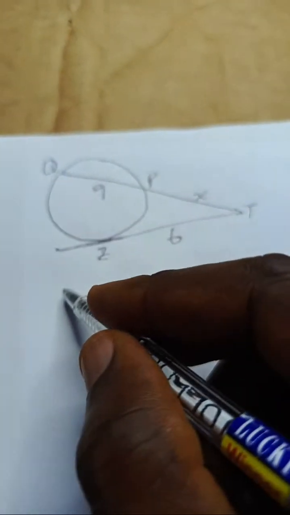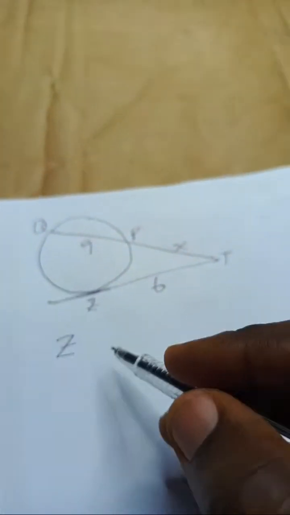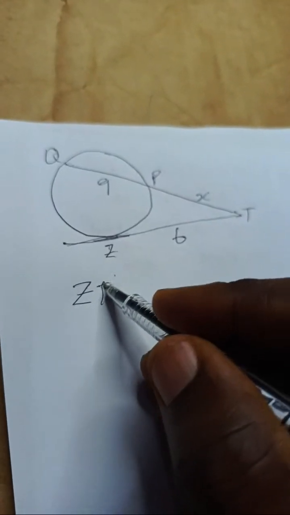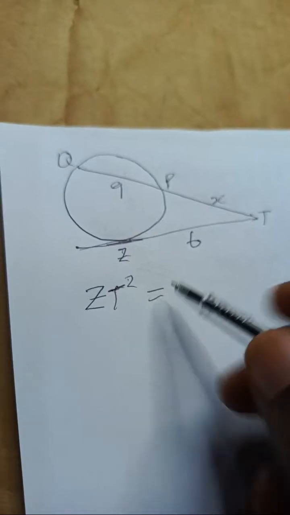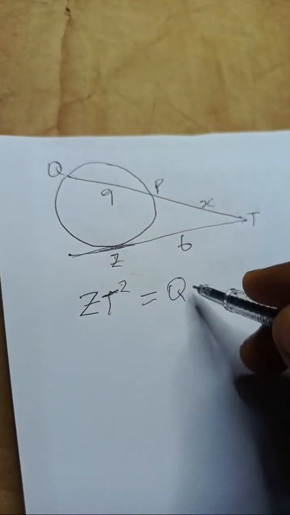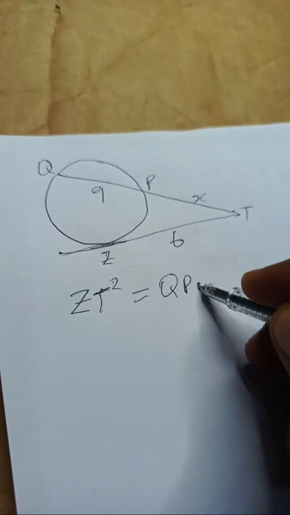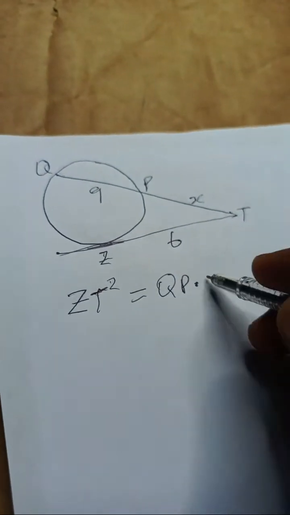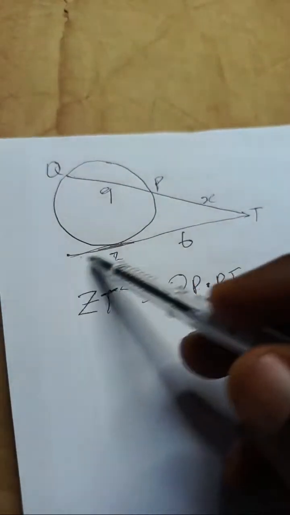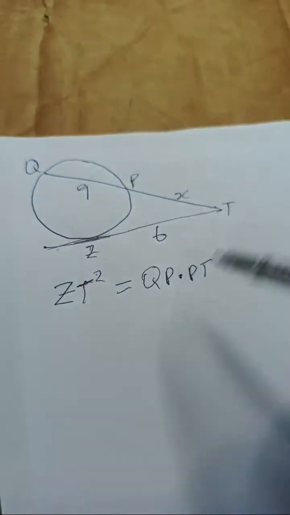So it means ZT squared will be equal to this QP multiplied by PT. That's the rule. It is the square of this, because this is a single one.